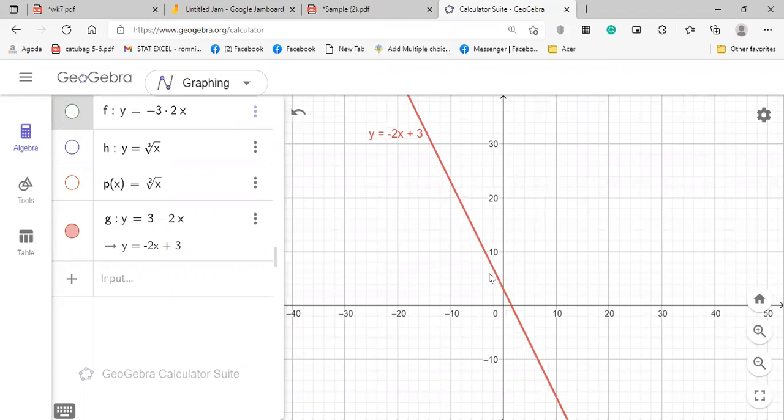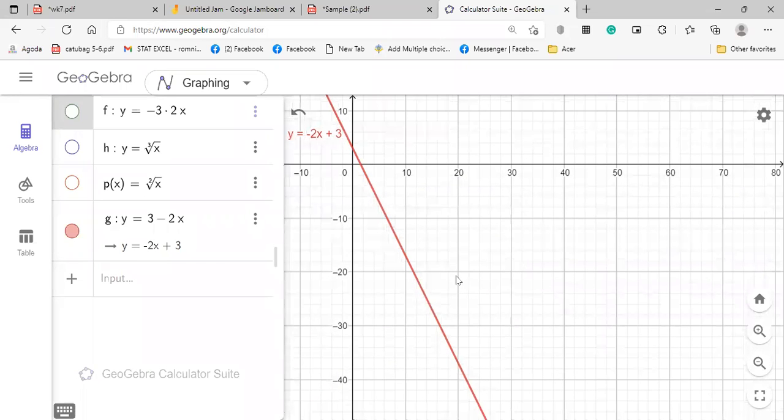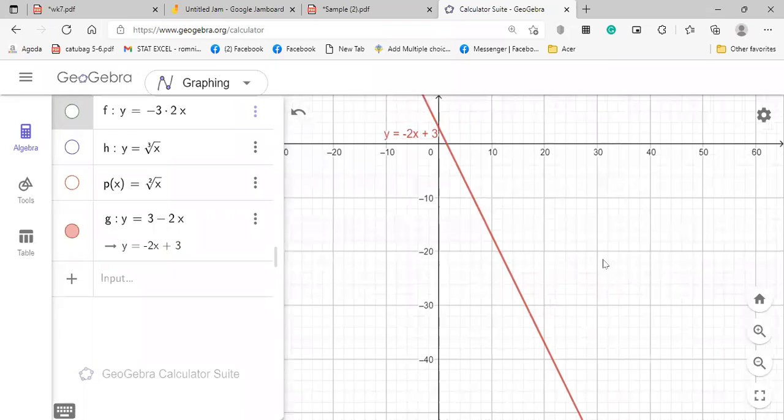Ibig sabihin, when you keep on decreasing x, y keeps on increasing. Pabaliktad siya. Pansinin mo naman itong graph sa quadrant 4, ang x dyan ay positive, ang y ay negative. So, as you keep on increasing x, y keeps on decreasing. Pababa siya, oh. Okay? That's the graphical analysis versus the rule.